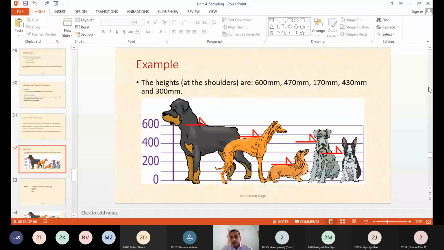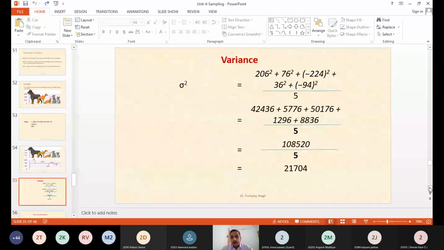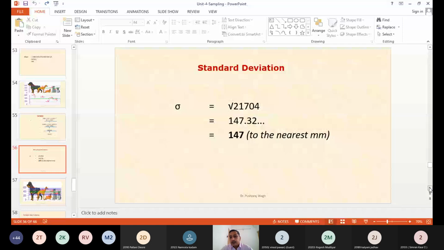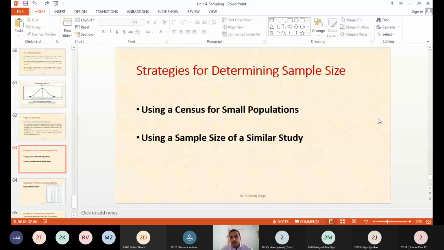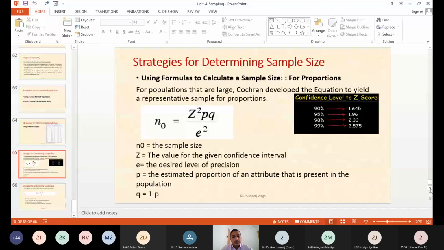Then we discussed the different strategies for determining the sample. We saw that the sample size can be determined on the basis of a census of the whole population. We can make use of the sample size of another similar study. We can use published tables, and we can calculate the sample size from the different formulas.